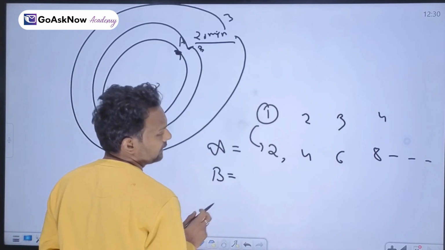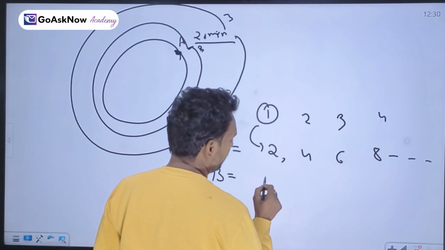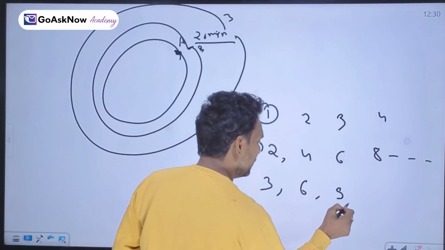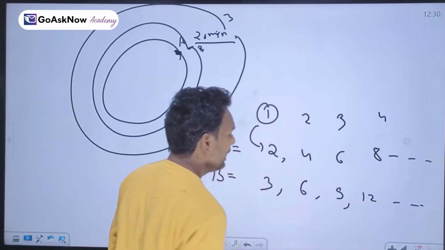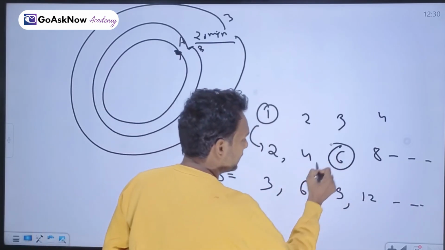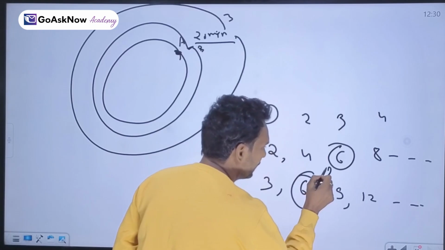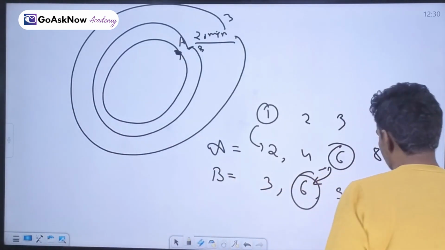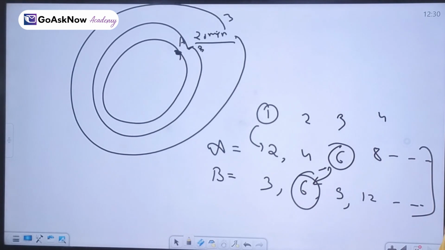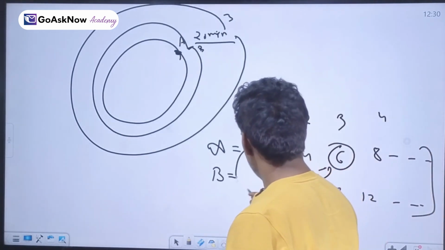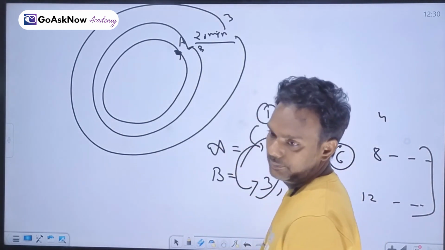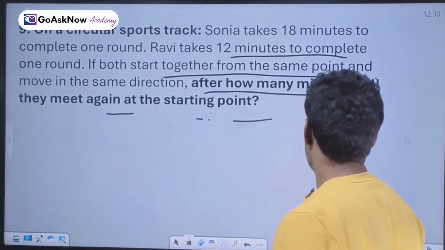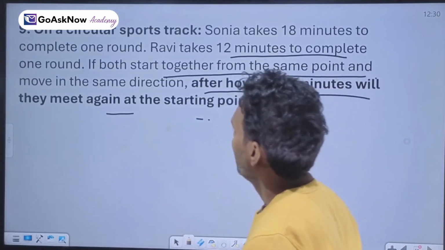B will cover the same distance, first round in 3 minutes, second round in 6 minutes, third round in 9 minutes, fourth in 12 minutes, and so on. We see that 6 is a common multiple in this scenario. So what we are going to do is find the LCM of 2 and 3. The same logic is behind this question.